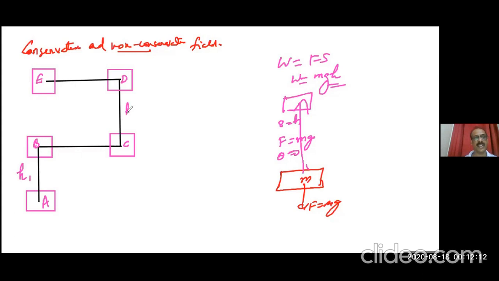This is height H2. Your weight acting is mg. By exerting an equal and opposite force, a work is done. That is W1 equal to mgh1.